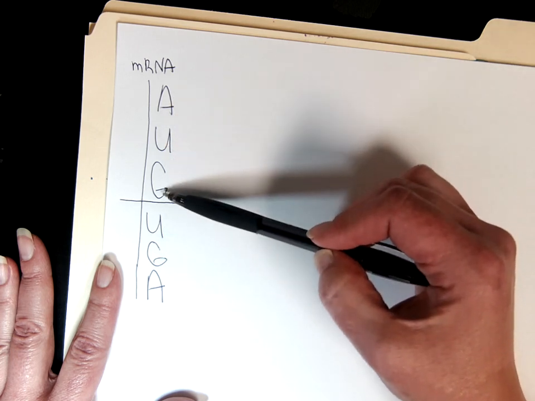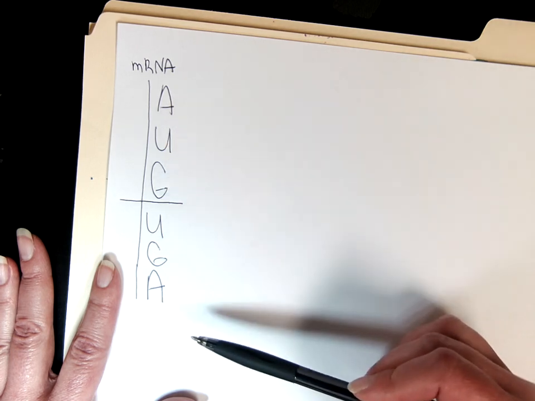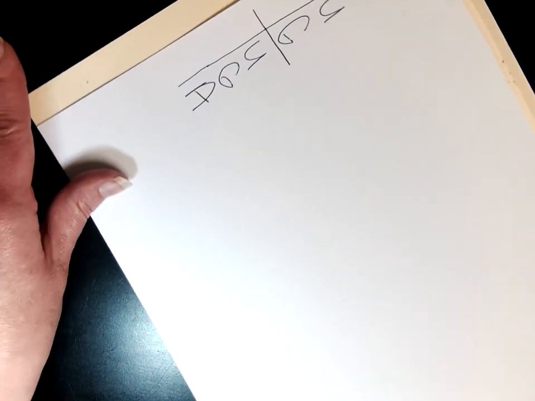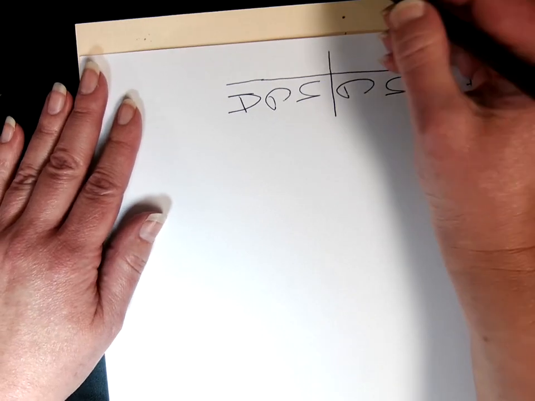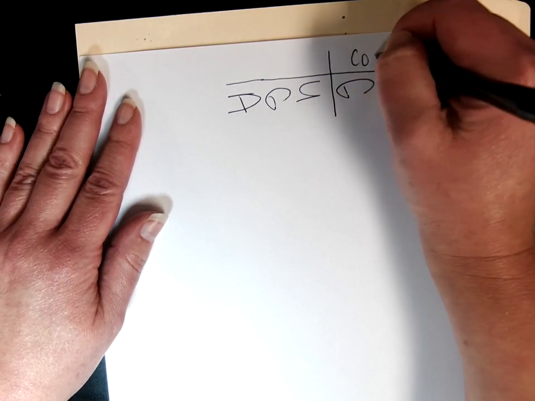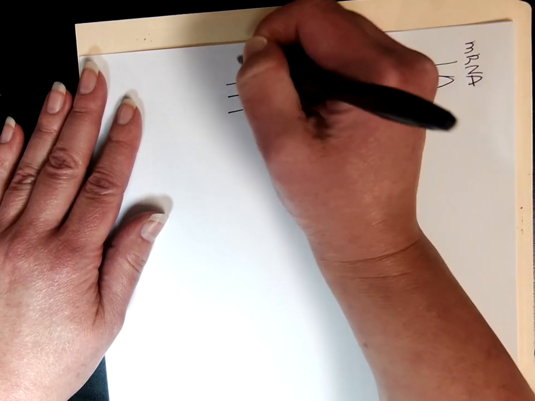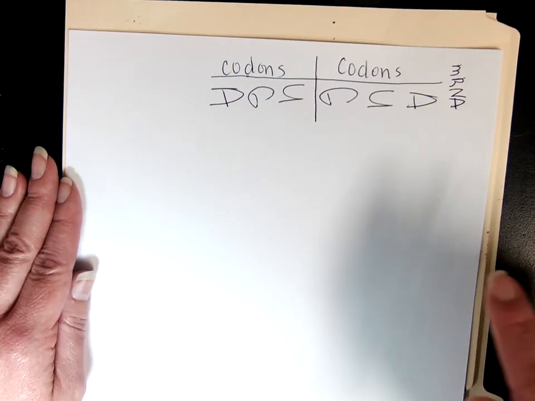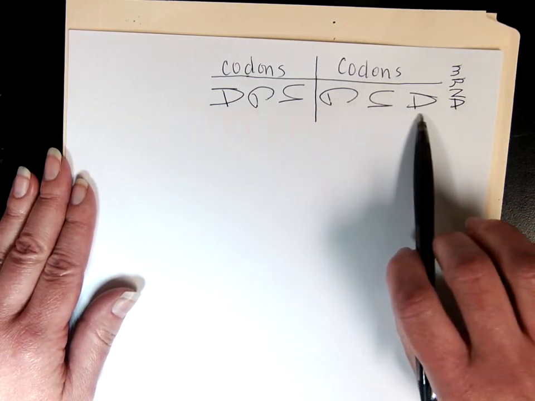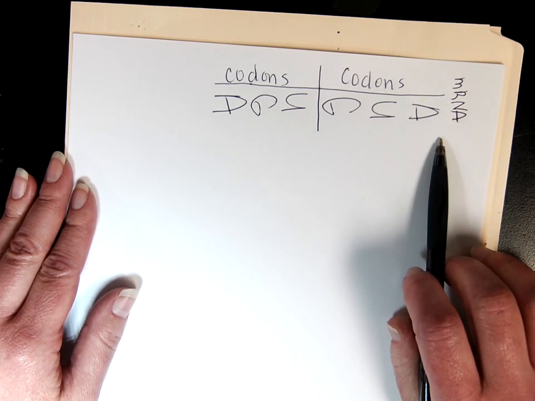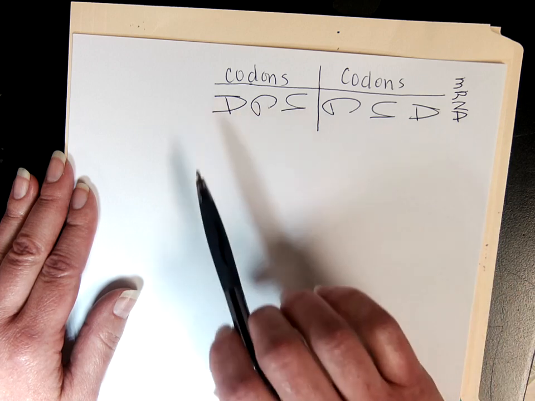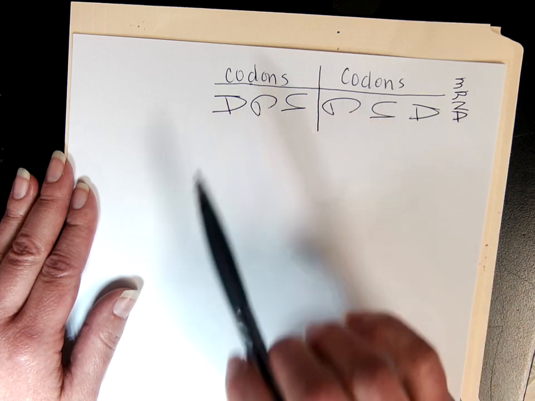Each of these is going to code for an amino acid. The name that's given to these is a codon. So this little piece of messenger RNA has 2 codons, which means that this gene only has 2 amino acids.